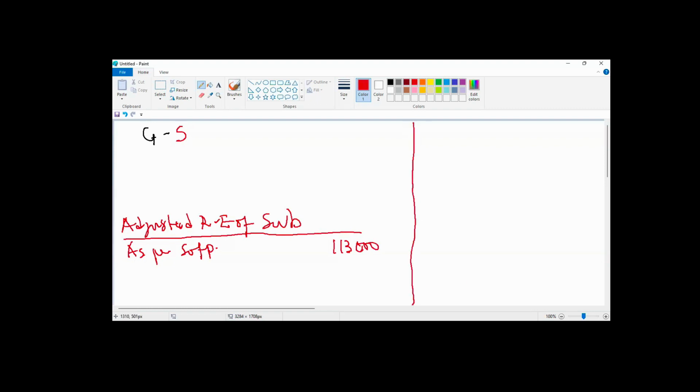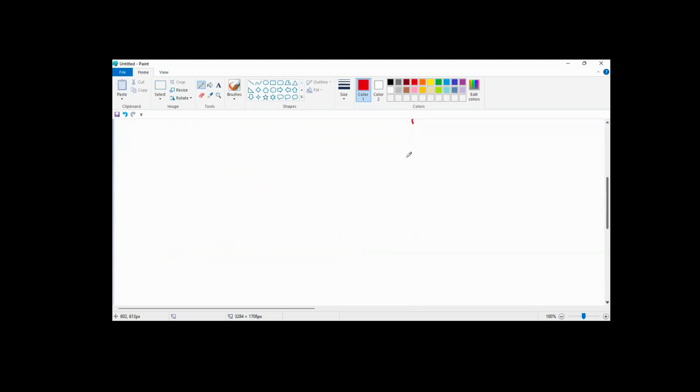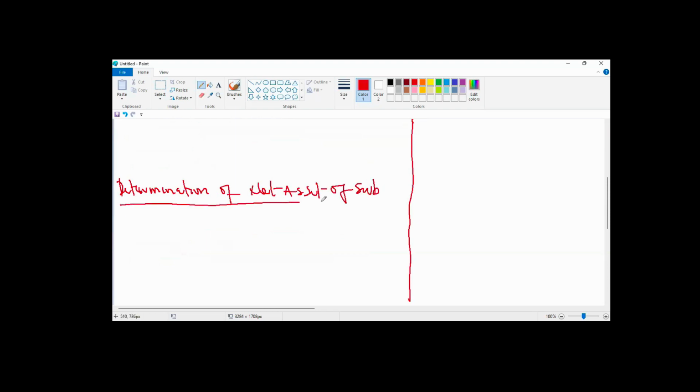After that, we need to determine the net assets. Determination of net assets of subsidiary. Items: DOA, DOC, and POS. Then we need to calculate the goodwill or bargain purchase.